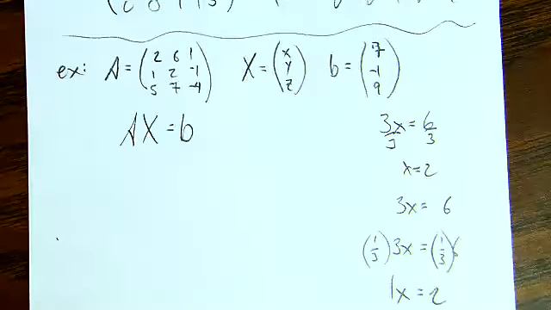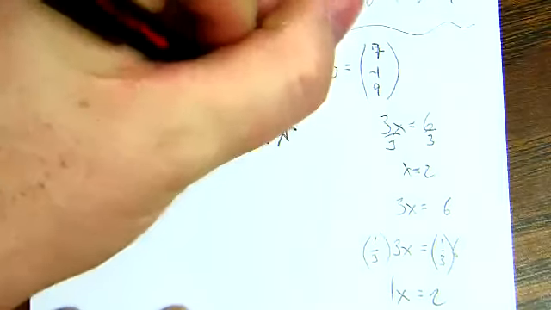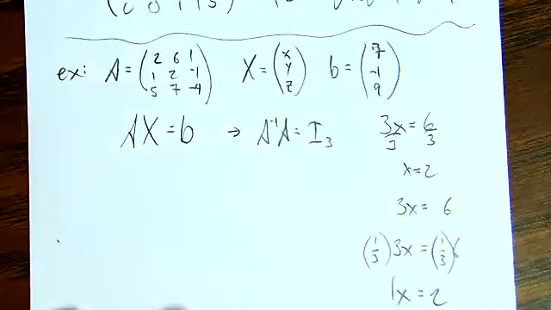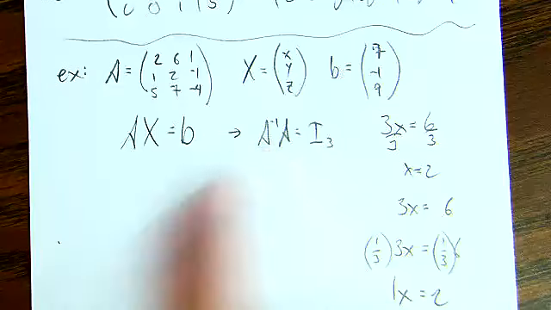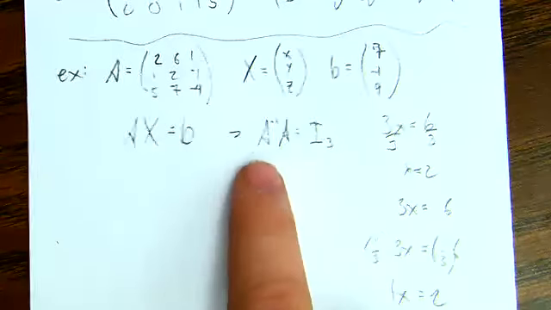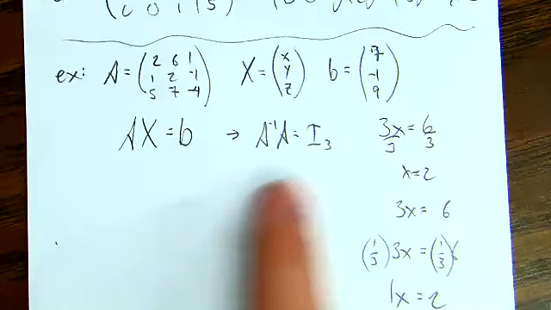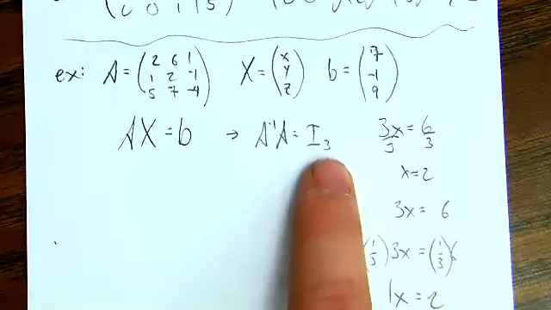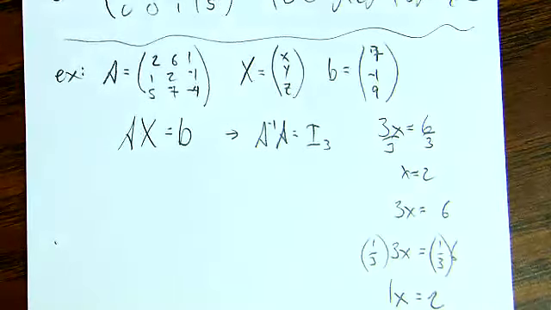Going back to here, remember in matrices, I do have inverses of matrices provided that the determinant is non-zero. There is an inverse matrix of A such that when I multiply these two together, I'm left with the identity in the world of A, I3 in this case, because it's a 3 by 3 matrix.